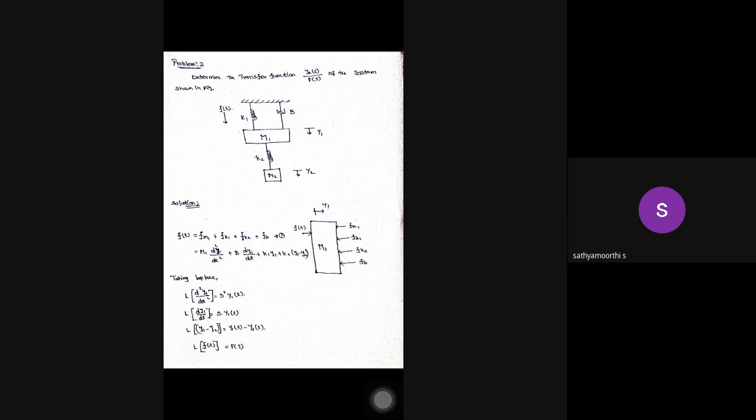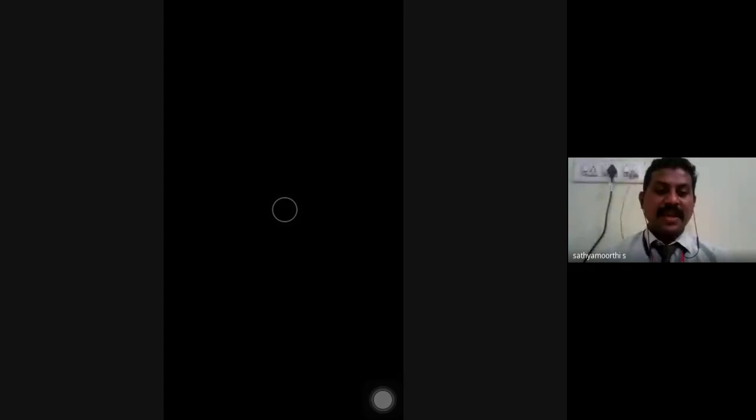Substituting all the values in our equation, we get F of s equal to m1 into s square into y1 of s plus b into s into y1 of s plus k1 into y1 of s plus k2 into y1 of s minus y2 of s. These are the results after taking the Laplace transform.